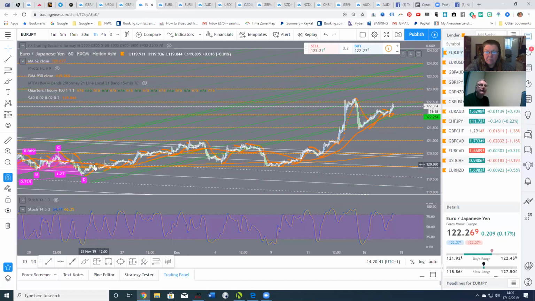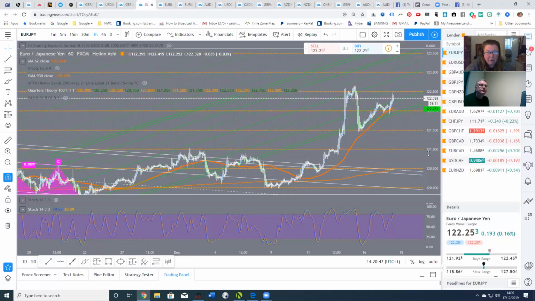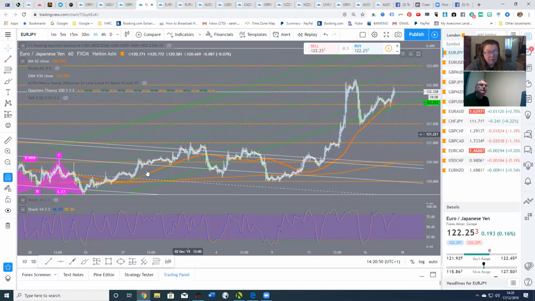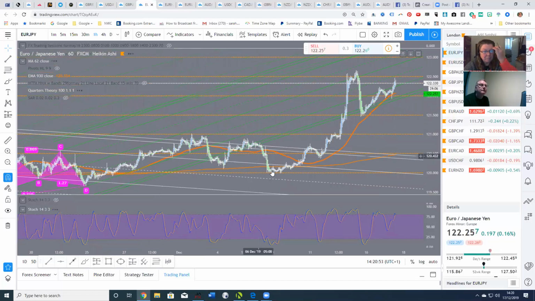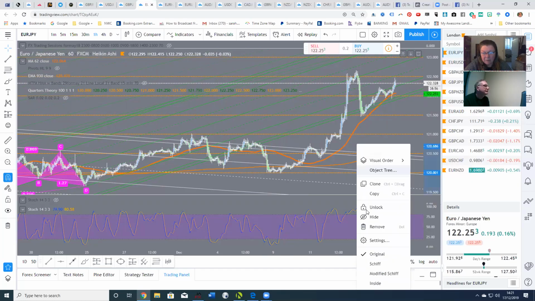And let me just take off the SAR flip at the moment to show you the trend. So price dropped down into an old scan, which is the white pitchforks off this D point. But the new scan, the one you want to be looking at, I'll fade out this.